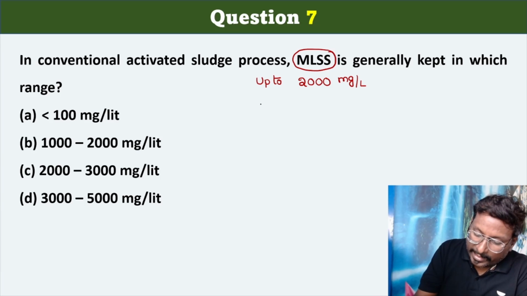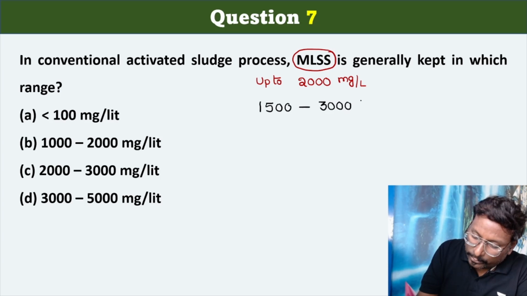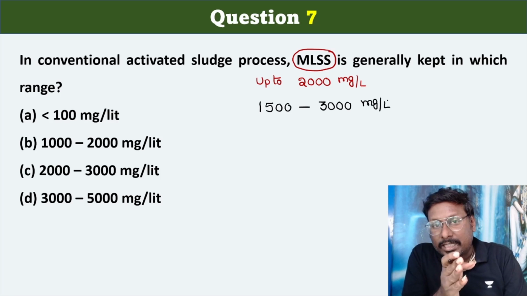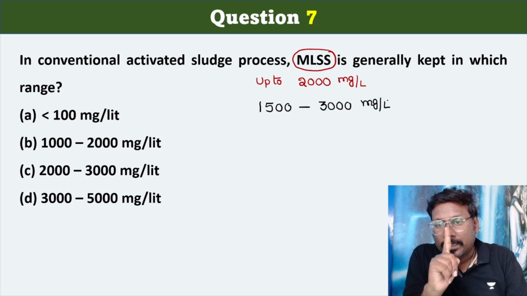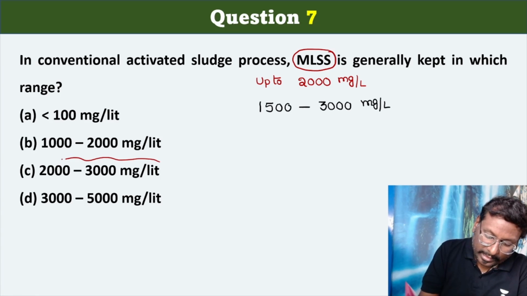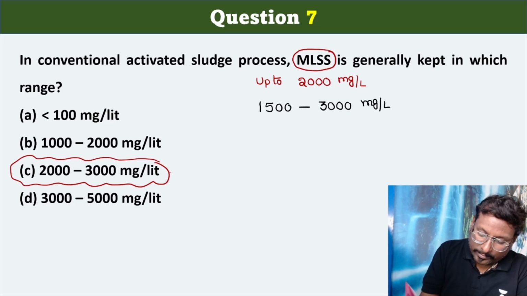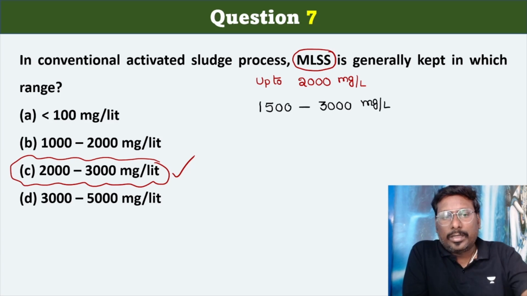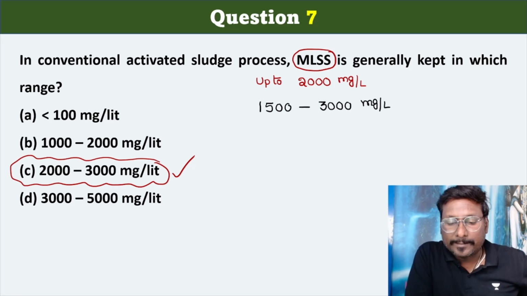If they are asking a range, we will take 1500 to 3000 mg per liter. If it is a range answer, you take 1500 to 3000; single answer, 2000. So what is there, 1500 to 3000? That is in option C. Chalo.